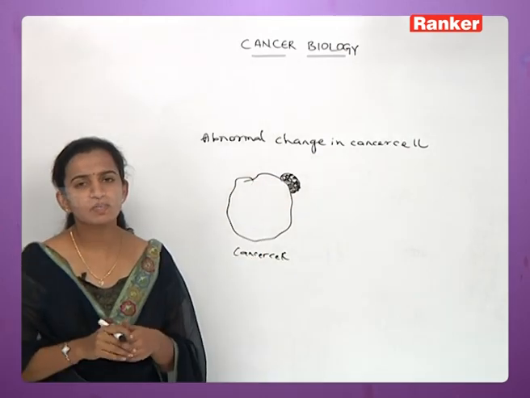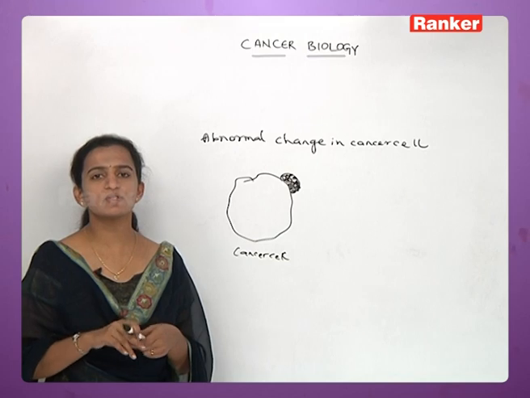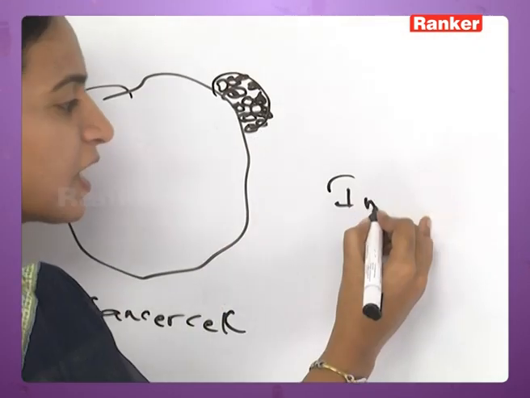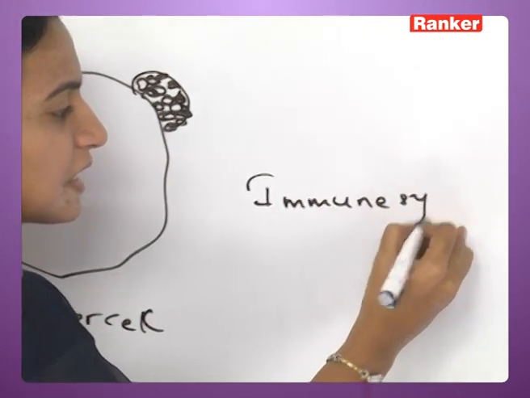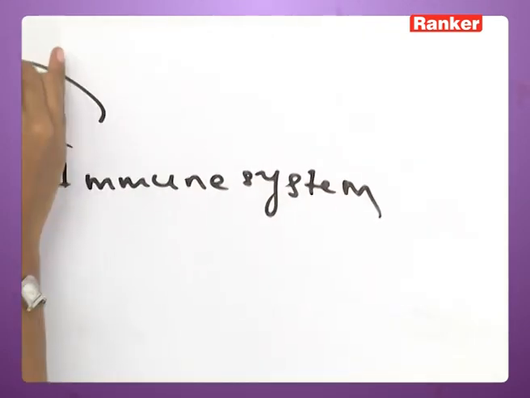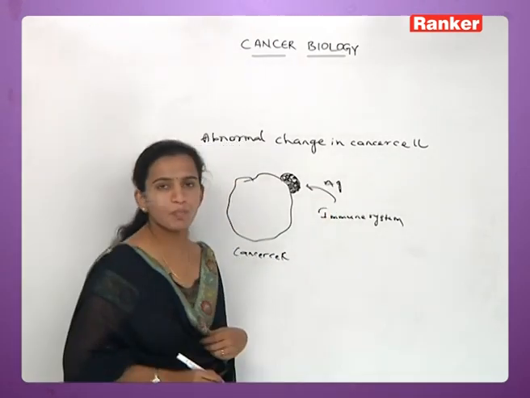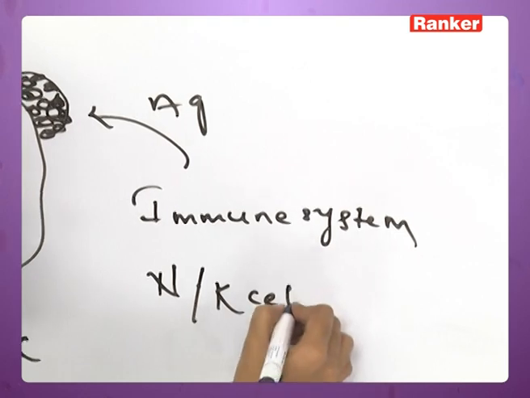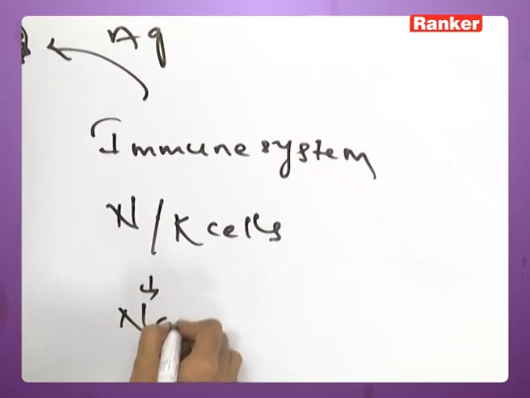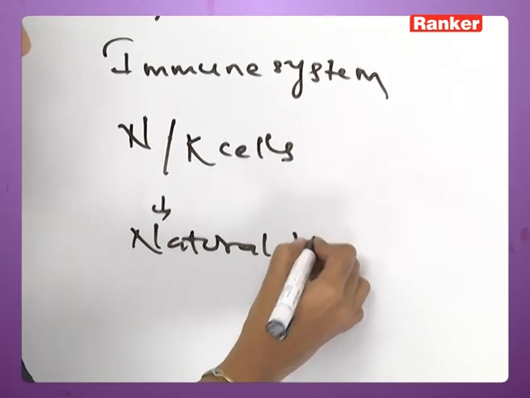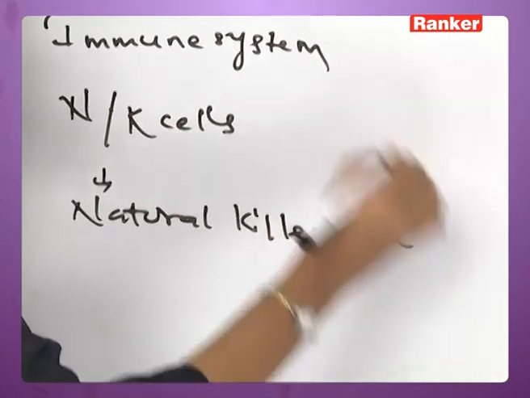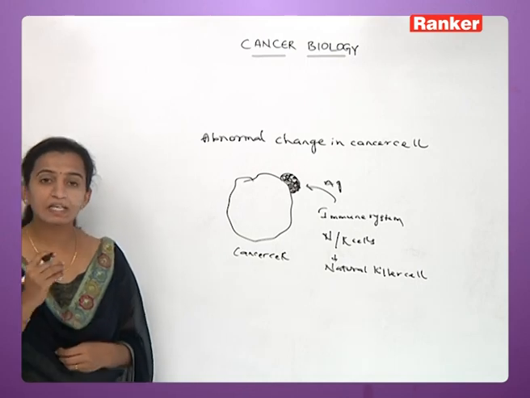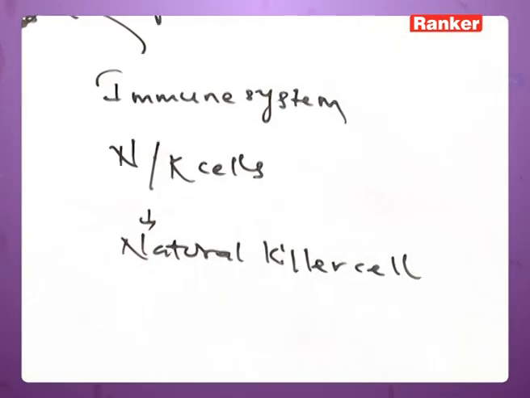Now we have an immune system. Don't you think that our immune system is going to work here? Yes, the immune system, whatever we have, recognizes this as some antigen with the help of natural killer cells or NK cells. NK cells are nothing but natural killer cells. So these are one part of the immune system. So here these natural killer cells recognize this as a cancer cell.